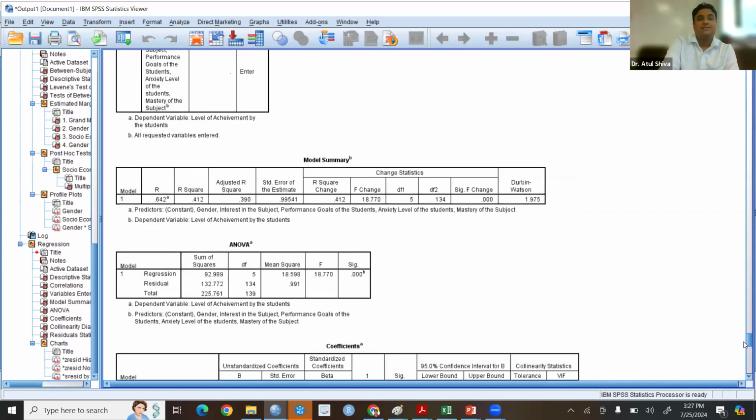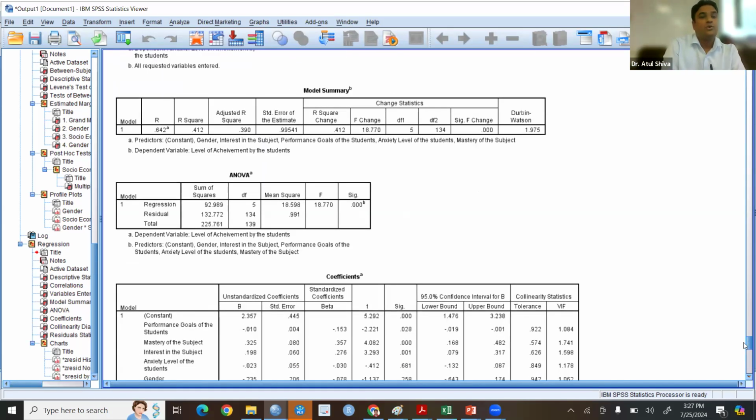So this is the model summary. You only need to report R square. What is R square? Look at the model summary. R square is 41.2.